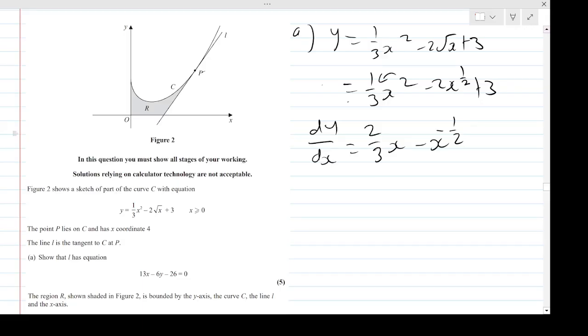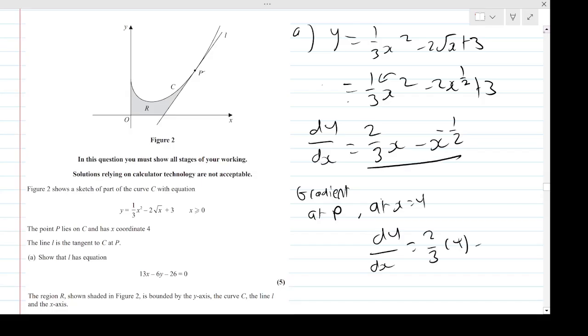Right, so the gradient at P then, well, we need to substitute an x in. We're told at P the x coordinate is 4. So at x is equal to 4, dy dx, if I plug 4 into here, I get 2/3 of 4, take away 4 to the minus a half.